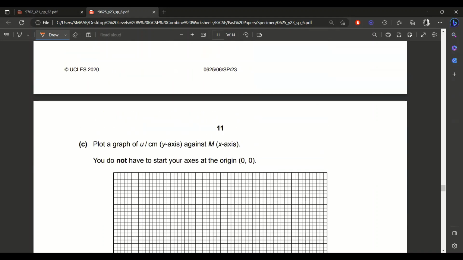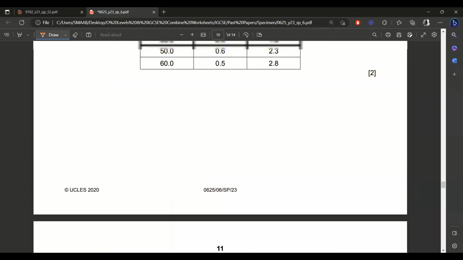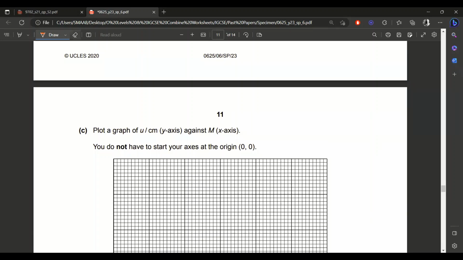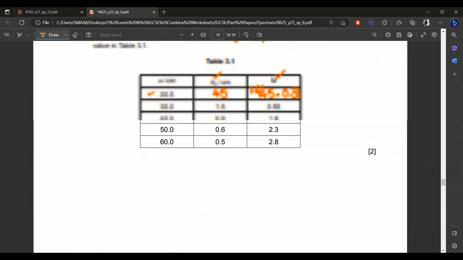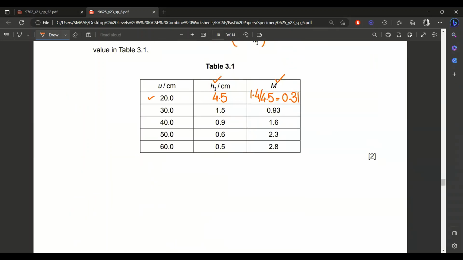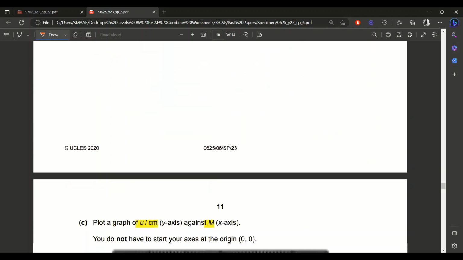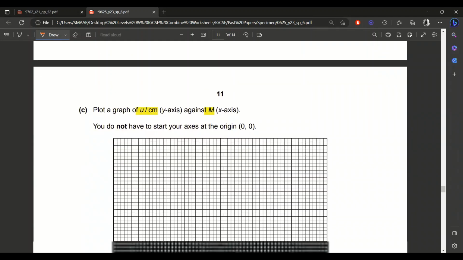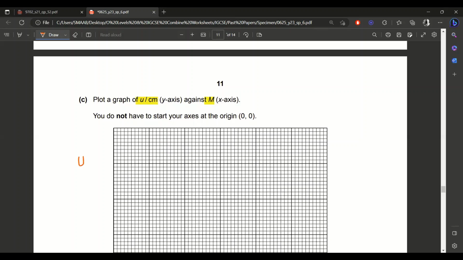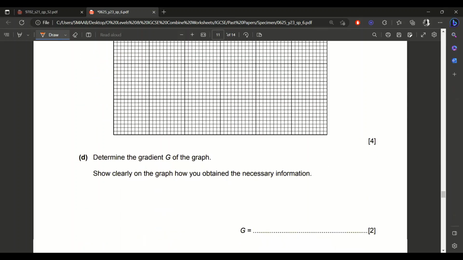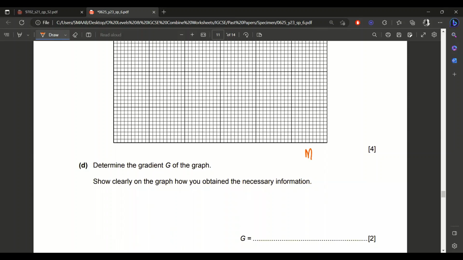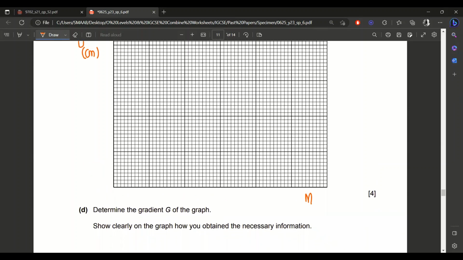So now we have to first check the values, and we have to draw a graph between u and m. So we have to find the values of u and m. The initial value of u is 20 and we are getting m as 0.3. So u is on the y-axis in centimeters and m is on the x-axis. First we need to divide the divisions, right?